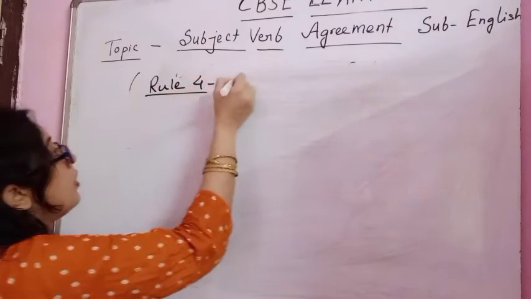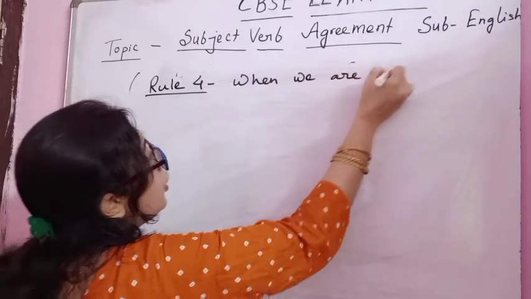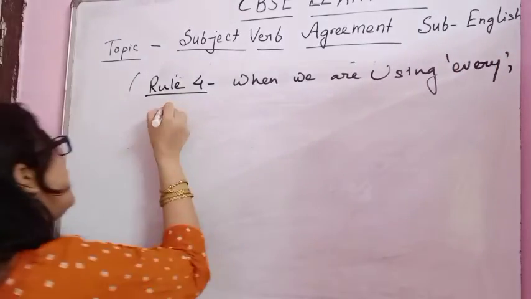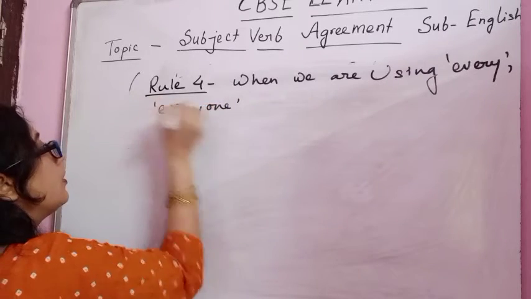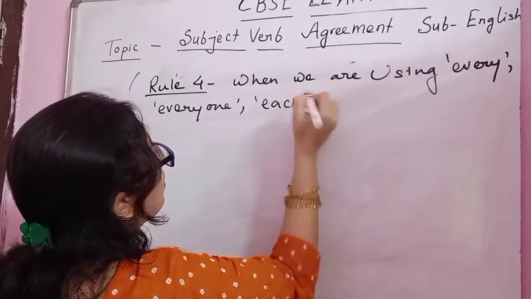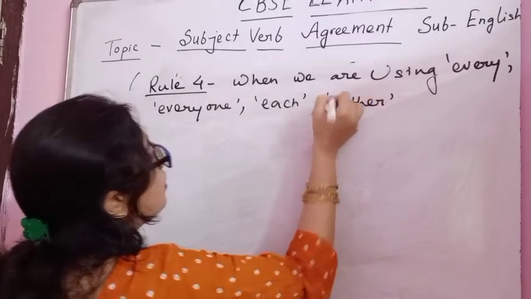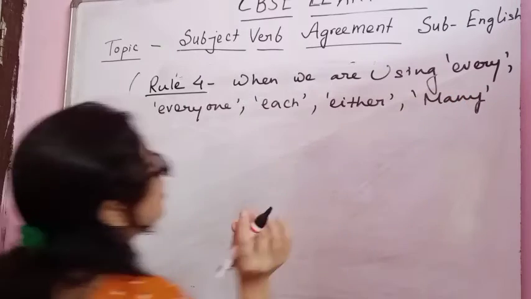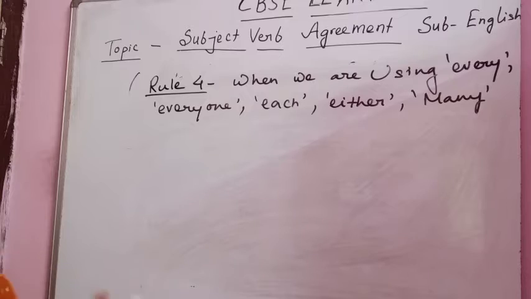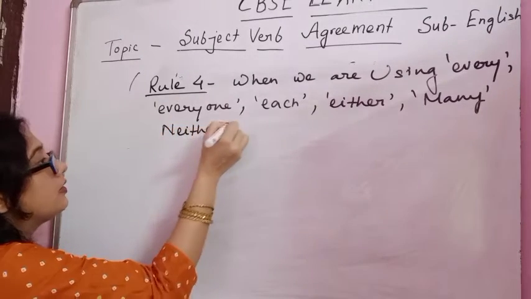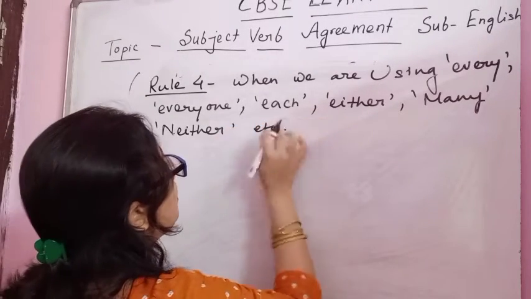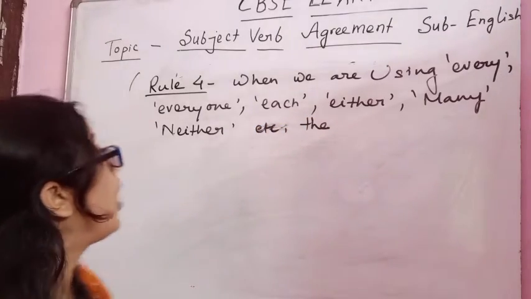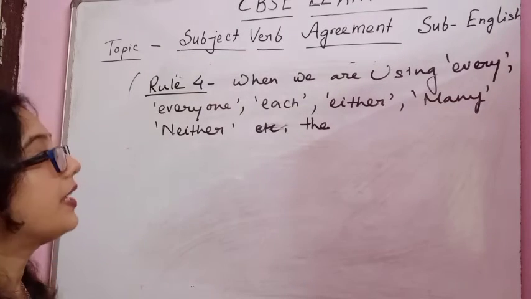Rule 4. When we are using every, everyone, each, either, many, neither, etc. I have used "etc." here because there are more words of this type: everyone, each one, either, many, neither.